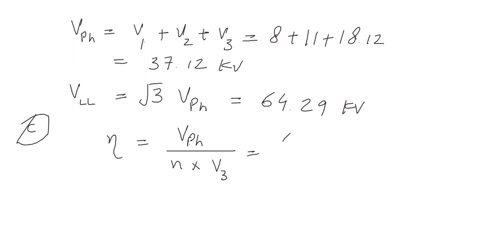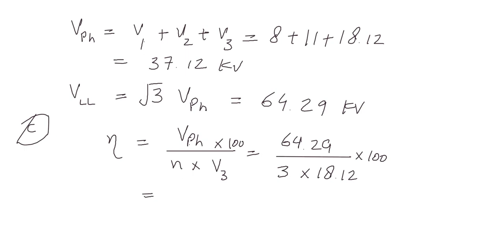So phase voltage is 64.29 divided by n, which is 3, times V3, which is 18.12, and in order to convert it into percent, we need to multiply it with 100.